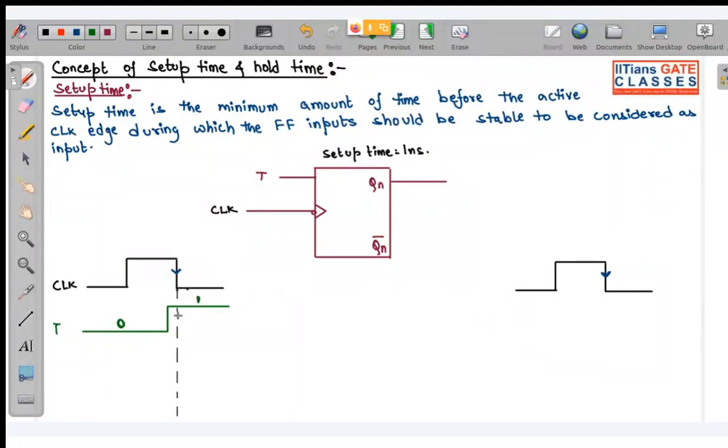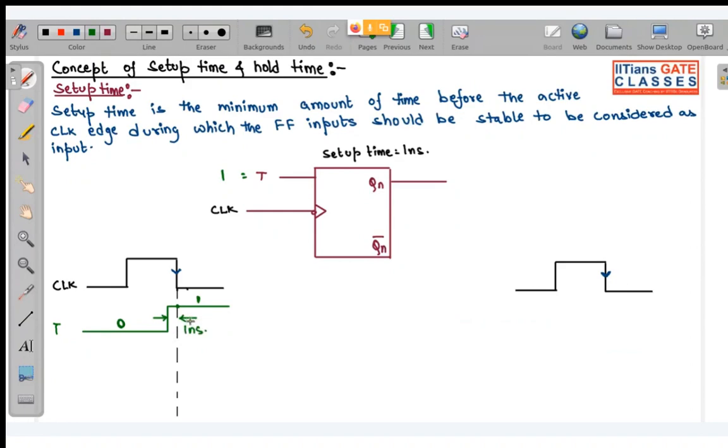Now at this active clock edge, what is the value of T? T is equal to 1. But due to the concept of setup time, this input T will be a valid input when it has been applied 1 nanosecond before this active clock edge.